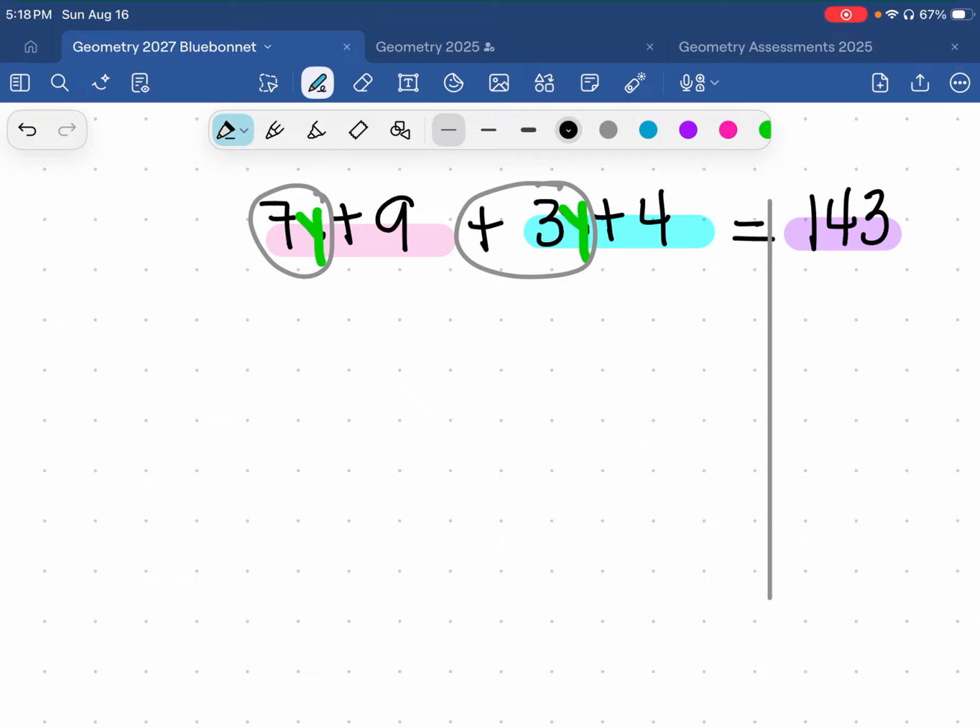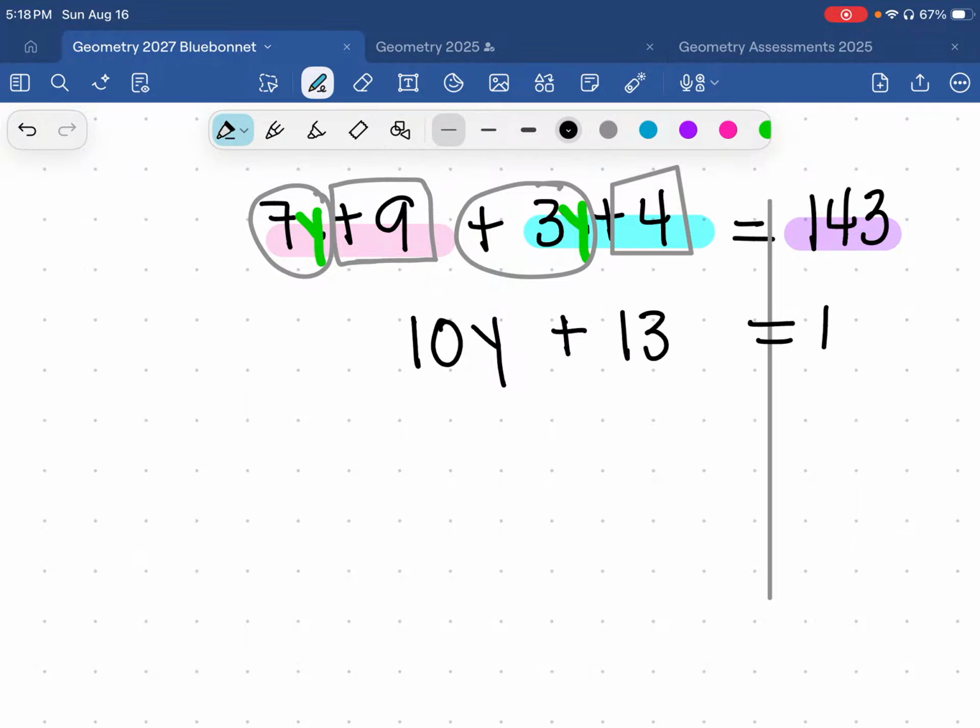So 7y plus 3y would give me 10y. I could also take this positive 9 and this positive 4 and combine them together. So 9 plus 4 is going to give me 13. I've done nothing to my 143, so I'm just going to copy it.